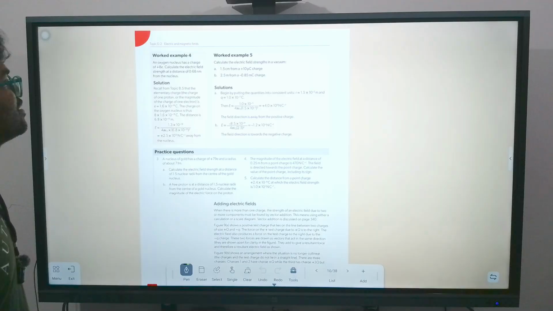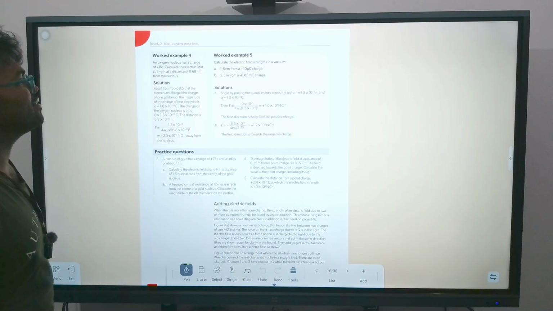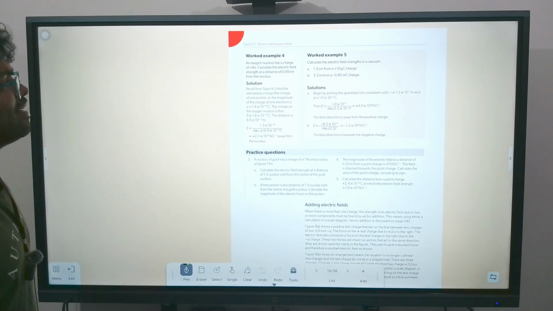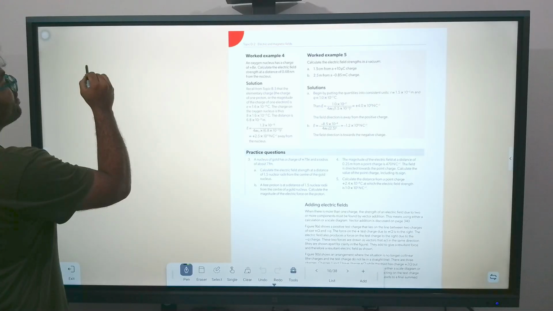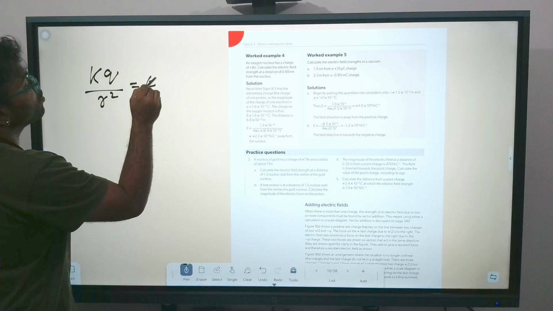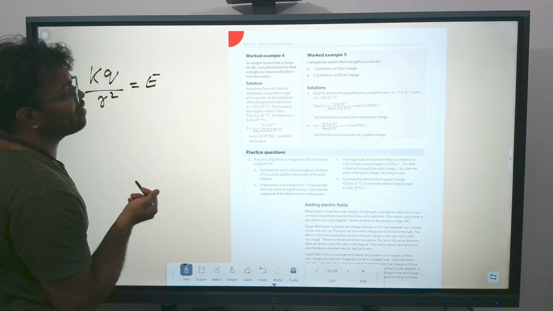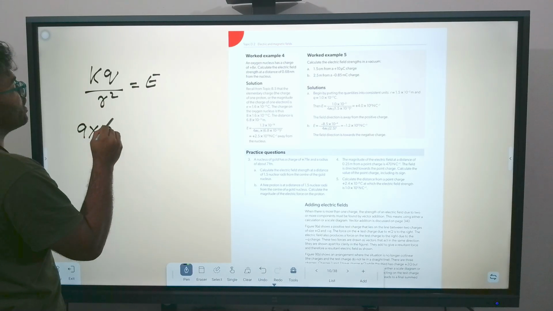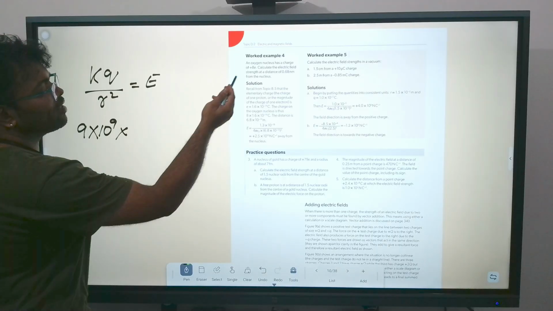An oxygen nucleus has a charge of plus 8 electrons. Calculate the electric field strength at a distance of 0.68 nanometers from the nucleus. It is an easy problem. So we just have to say kQ upon r square is equal to E, and we have to find the electric field, right? So we know the value of k as 9 into 10 to the power of 9 multiplied by the charge.